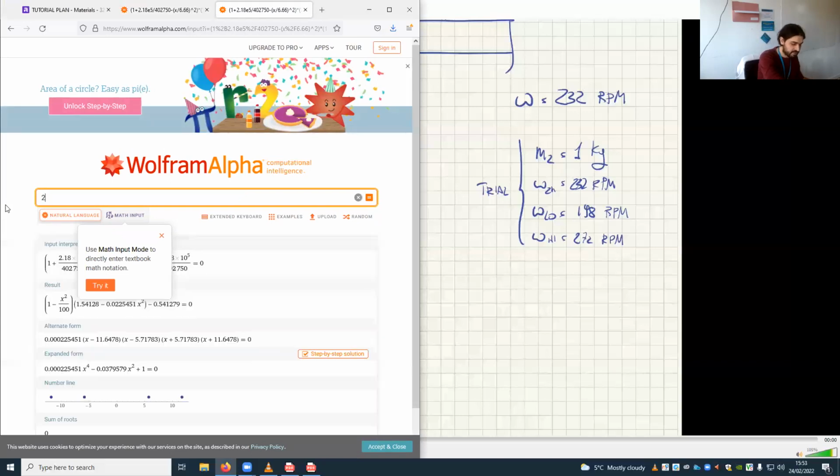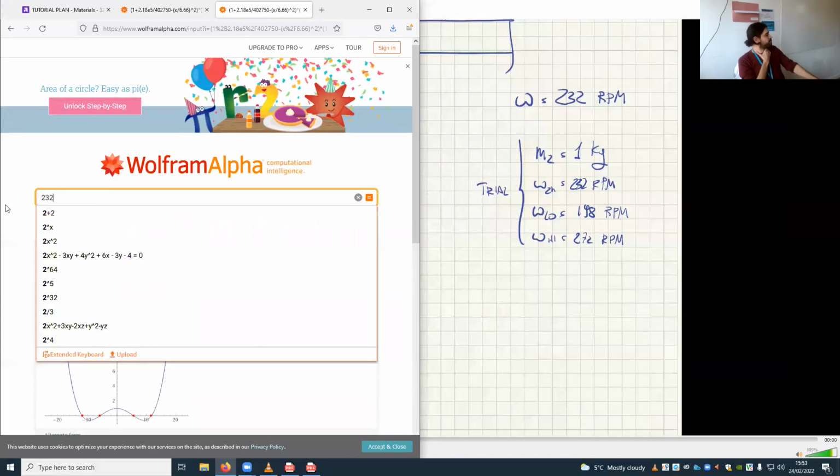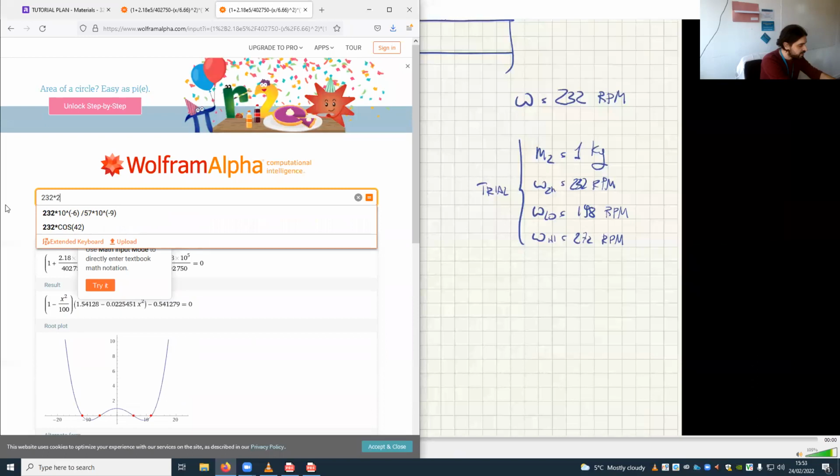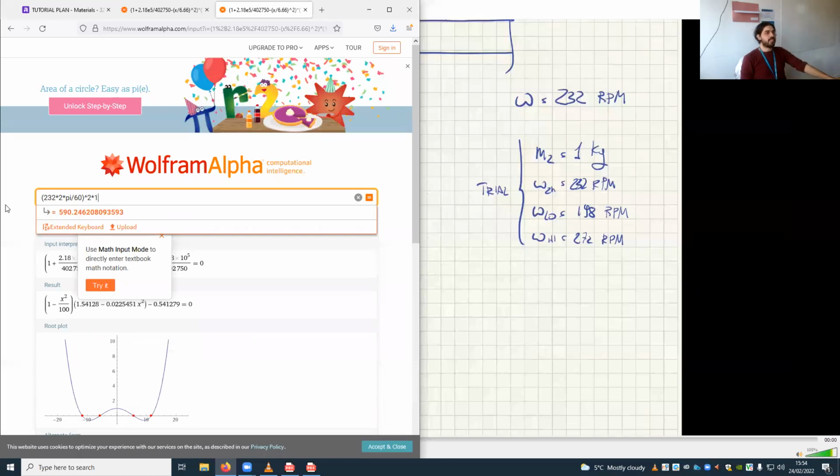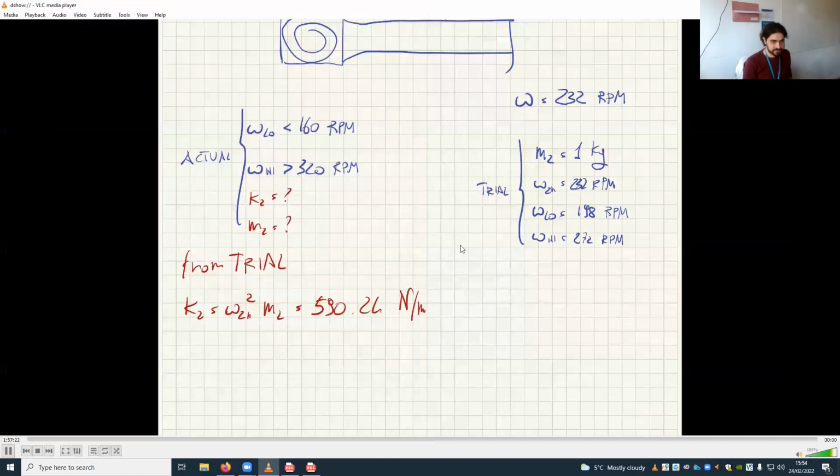How do you pass from RPM to radians per second? Times 2 pi divided by 60, and everything is squared, times the mass 2, which is 1 kilogram, of course. That's 590.24 newtons per meter. Okay, so this is K2.